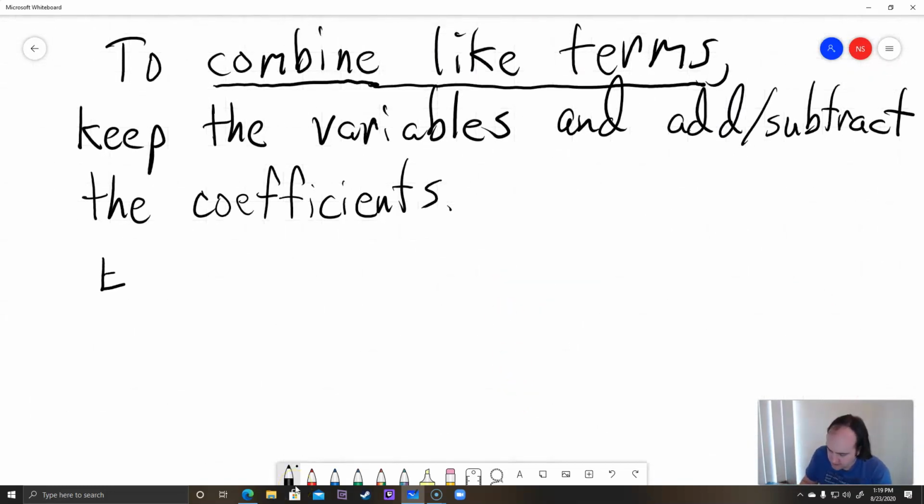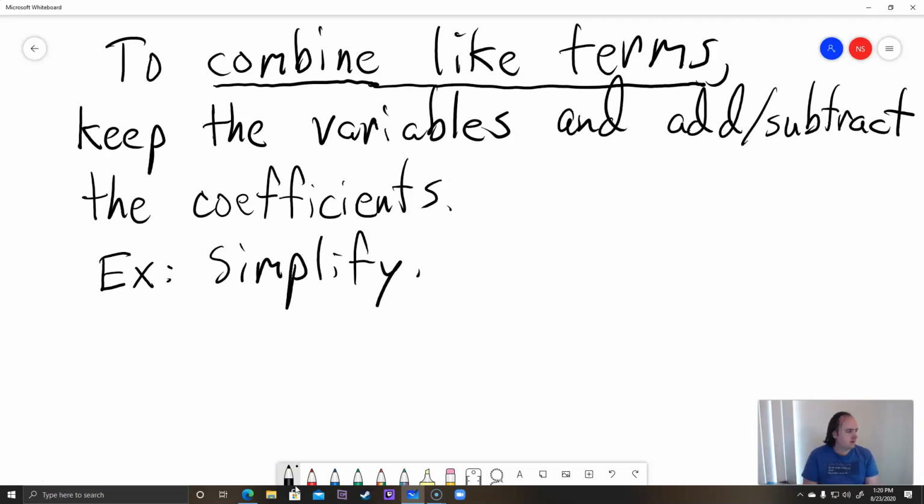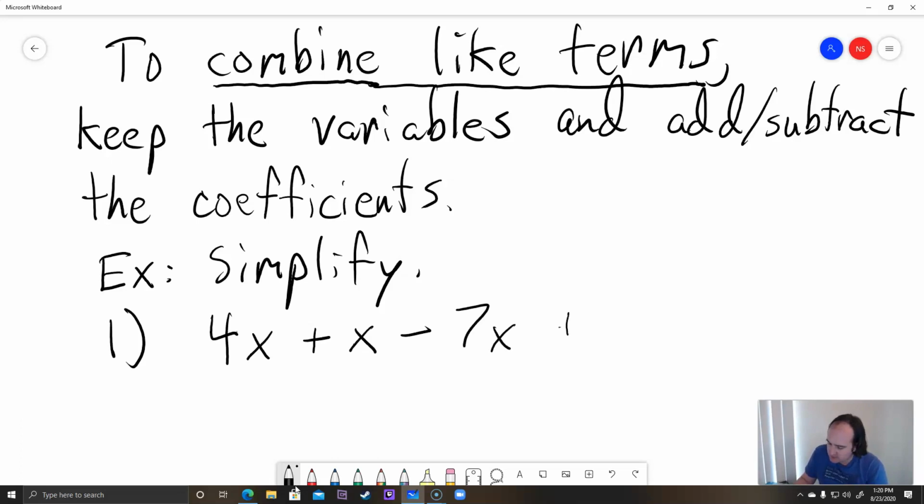Okay, so example. Simplify, and problem number 1, we're going to do 4x plus x minus 7x plus 8. Okay, so 4x plus x minus 7x plus 8.